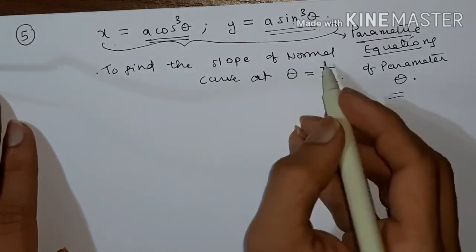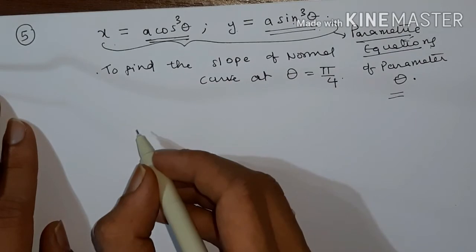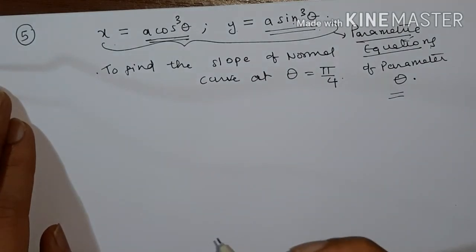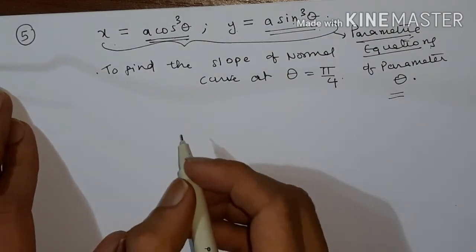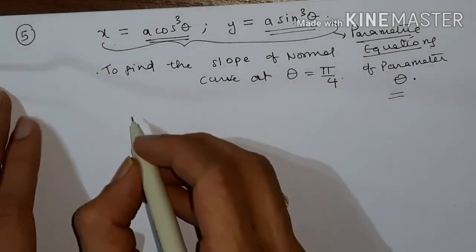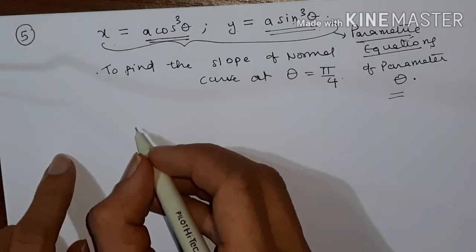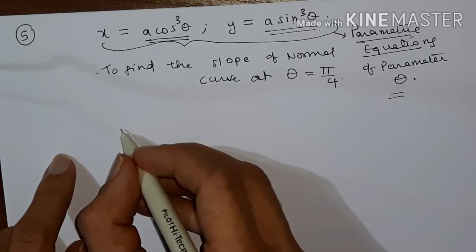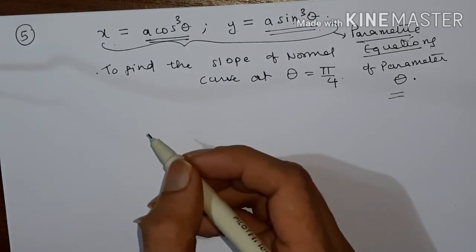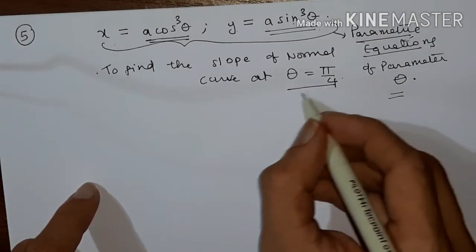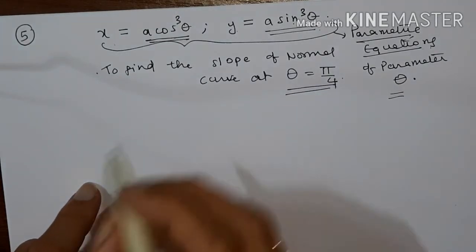For finding the slope of the normal curve, we first have to find the slope of the tangent to the curve at theta equal to pi by 4.